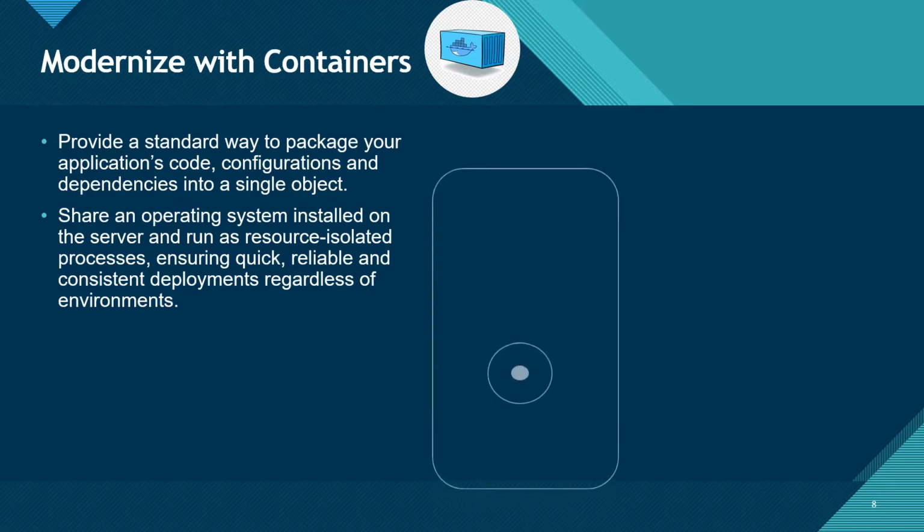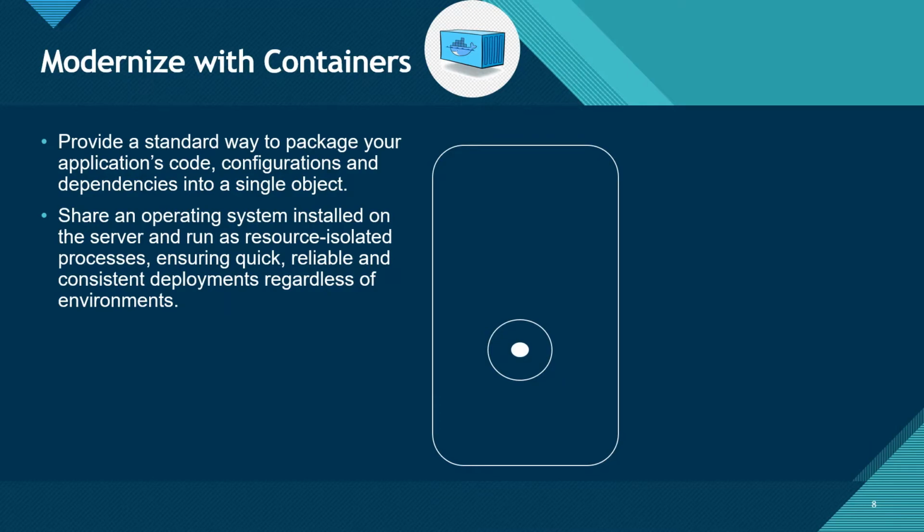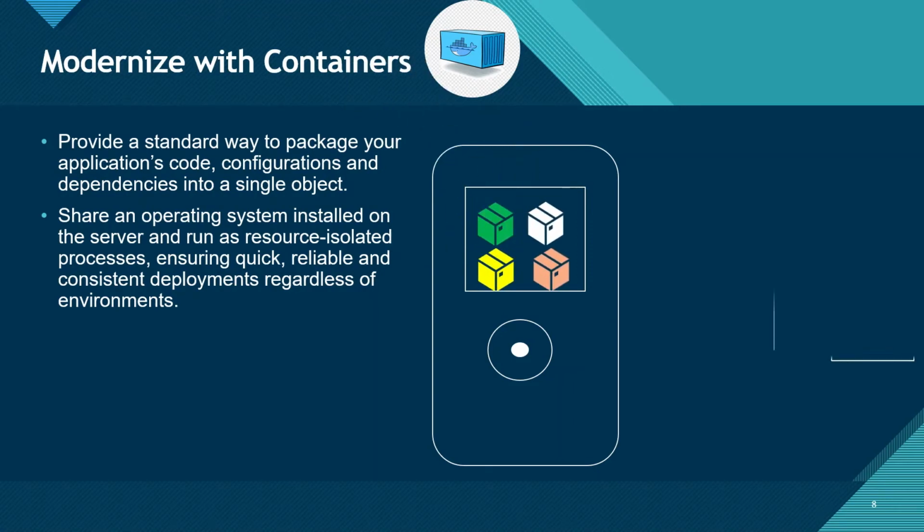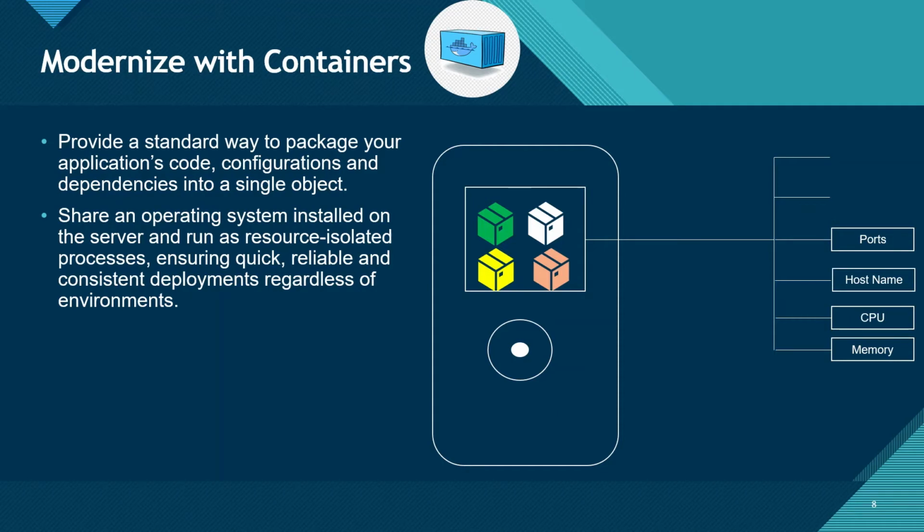So when we talk about containers, under the hood they look like this. You run your apps inside the containers, and containers give me these kinds of things. Every container has its own memory, how much memory and CPU resources they are using, their own host name, their own ports, their own network namespaces, and their own process ID, or what we call process isolation.